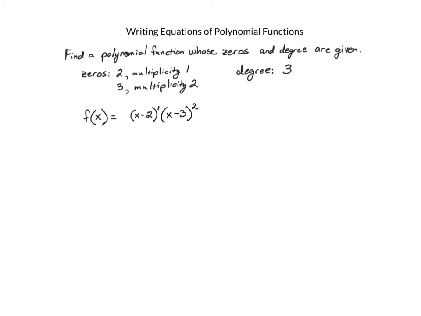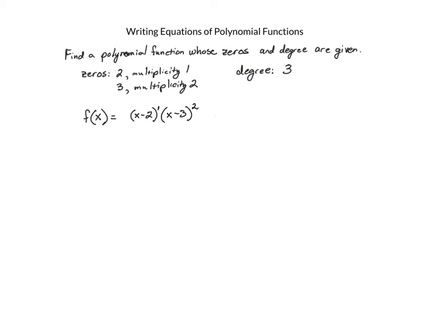If I didn't have that degree 3, if I wanted to make it degree 7, I could just add some x plus 11 to the 4th power, and it would still have the zeros that were stated. It would have an additional 0, but this is clearly stating that that doesn't happen. So let me erase that.